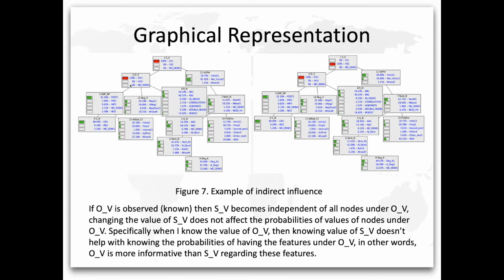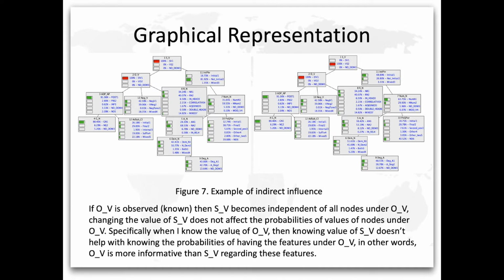If OV is reserved, here we mark the first value, object precedes verb, as a no, and then if we change the value of SV from SV to VS, we see all the features under OV, the probabilities don't change, but those under SV change.